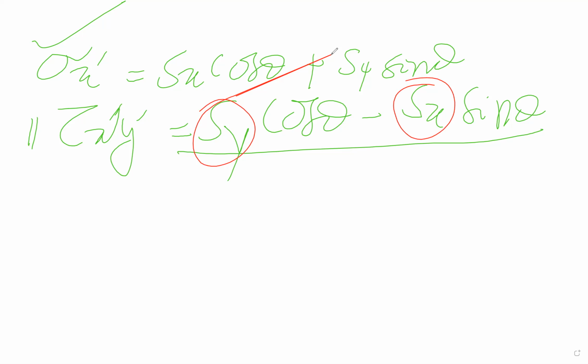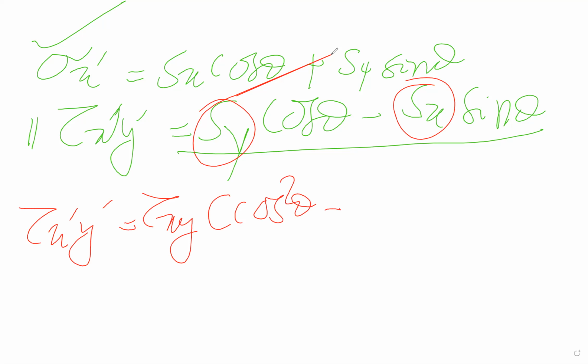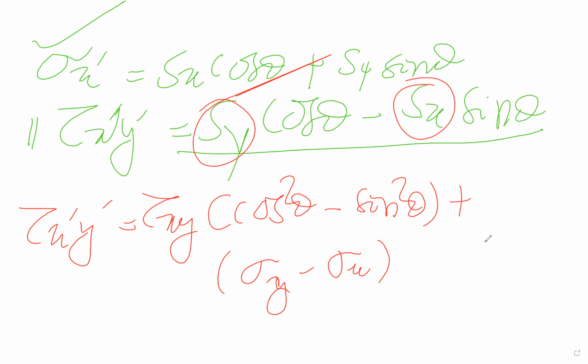I am writing this equation here: by putting the values of Sx and Sy, we find that tau x dash y dash is equal to tau xy (cos square theta minus sin square theta) plus (sigma y minus sigma x) sin theta cos theta.